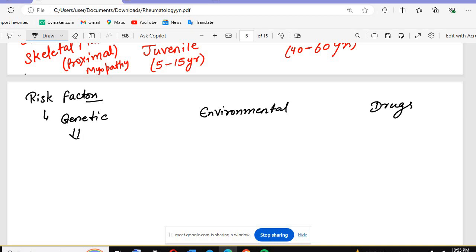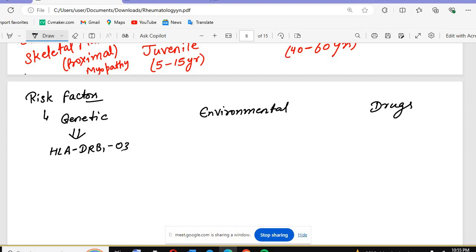Genetic factors are associated with which gene? That is HLA-DRB1*03. Look, if you are not able to remember the genes, it's okay, but just remember that there is something like HLA something DR3. If you remember even this, that is more than enough.